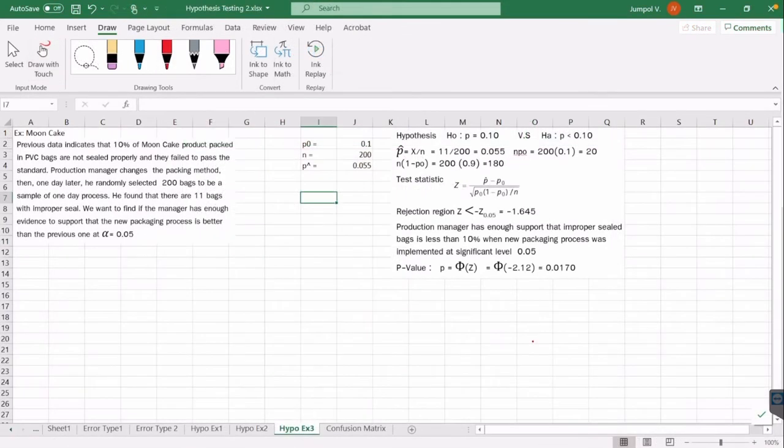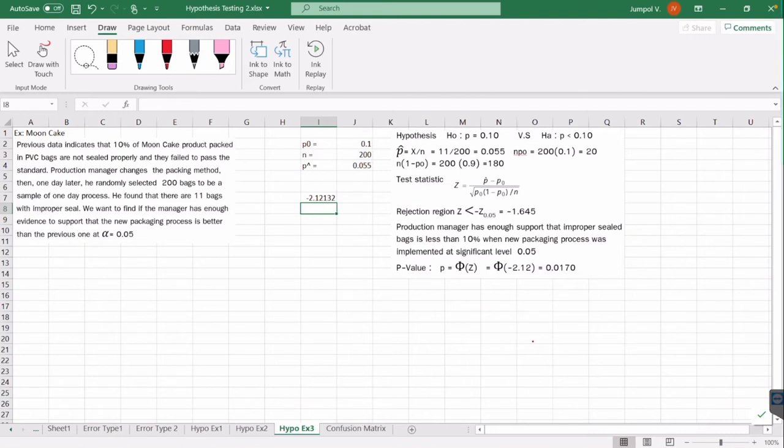For the calculation in this formula, we just plug in the numbers, the square root of P0 times 1 minus P0 divided by N, and we get a test statistic equal to minus 2.12.